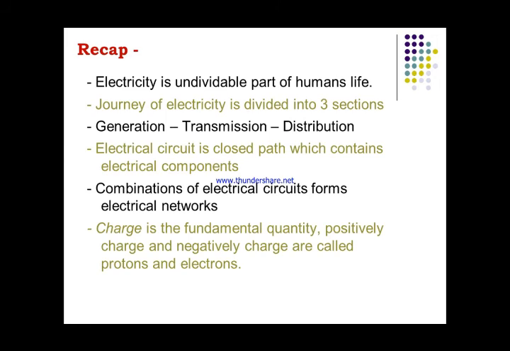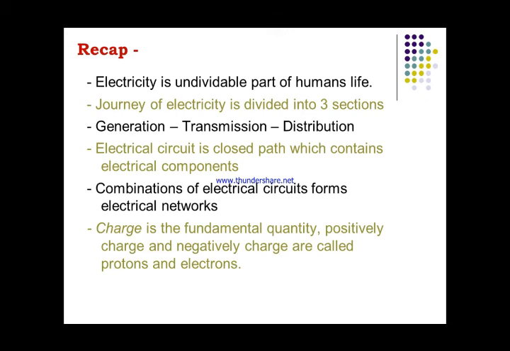So let's recap some points. Electricity is an indivisible part of human beings. Second, the journey of electricity is divided into three sections: generation, transmission and distribution. An electrical circuit is a closed path which contains electrical components. A combination of electrical circuits forms an electrical network. Charge is the fundamental quantity, positively charged and negatively charged.